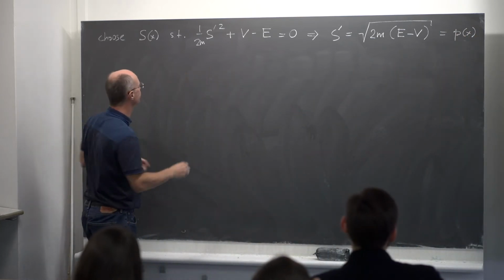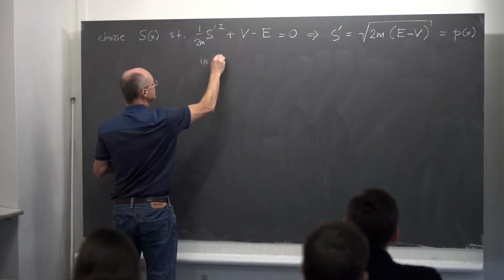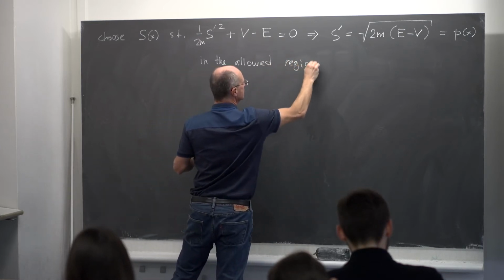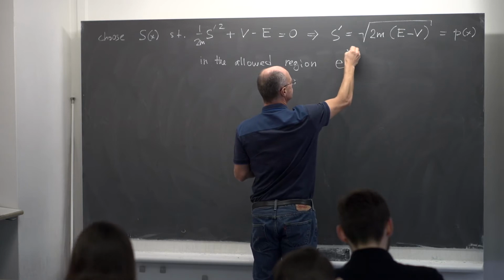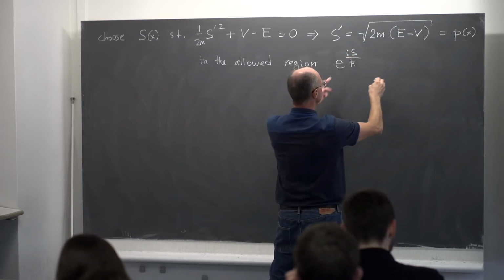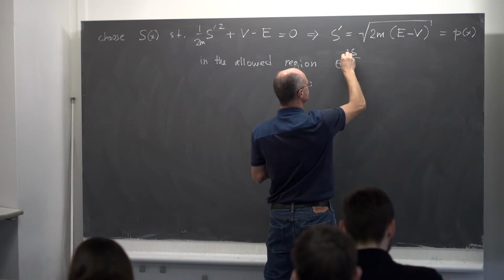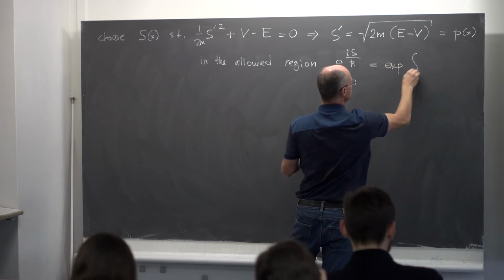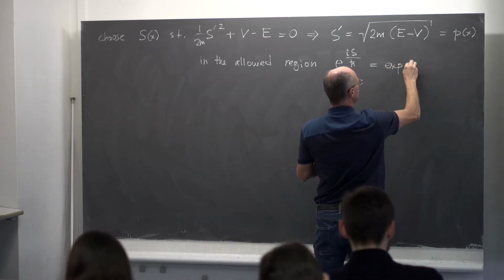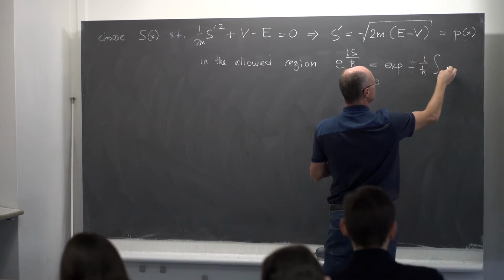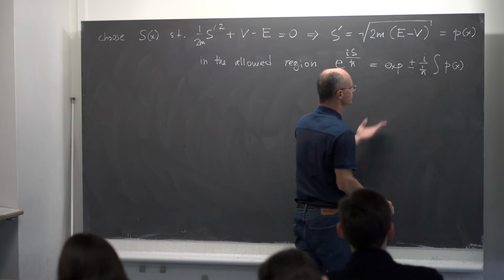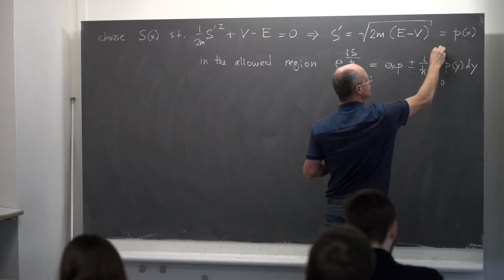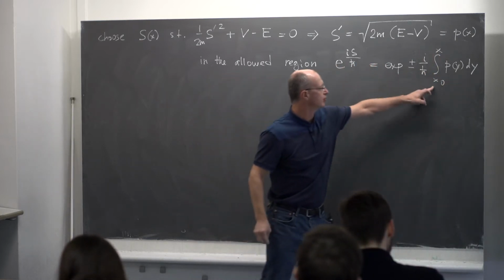So this means that our wave function in the allowed region, so this expression, will be equal to something like exponential of plus or minus i over h bar integral p of y dy from some point that we're going to choose in some way, integral from x0 to x.